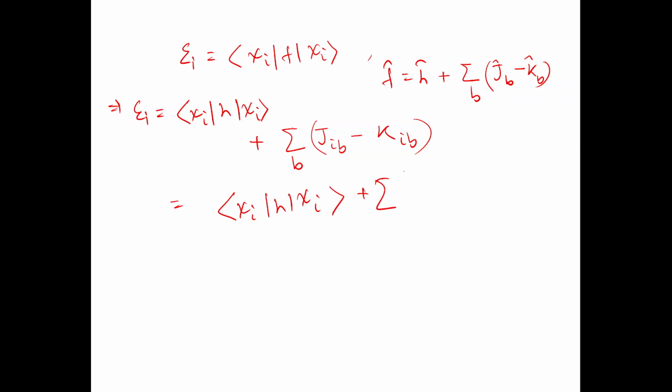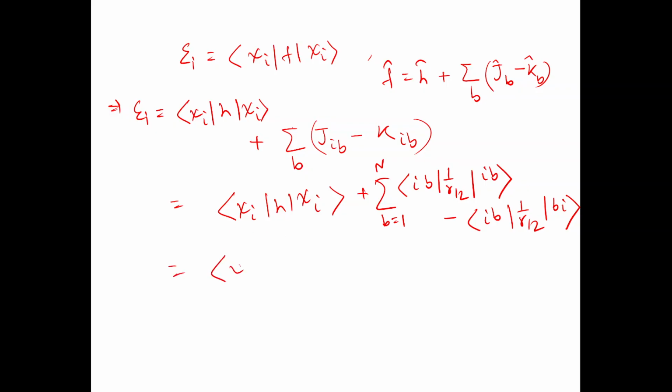If we write down the whole thing, it is the summation over b from 1 to N of <ib|1/r12|ib> minus <ib|1/r12|bi>. That we know is your Coulomb minus exchange. This is nothing but your antisymmetrized integral.